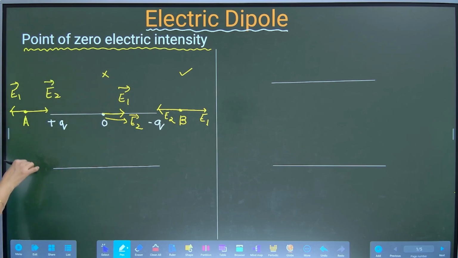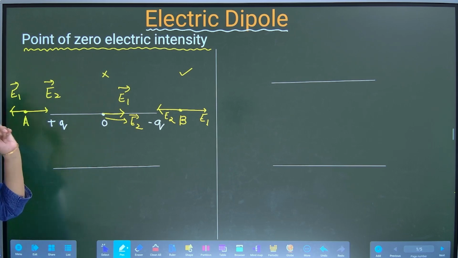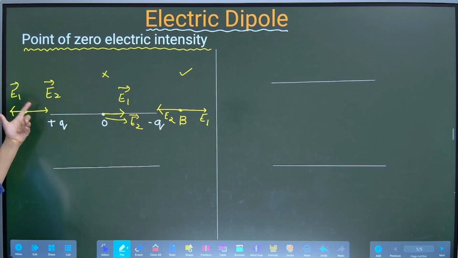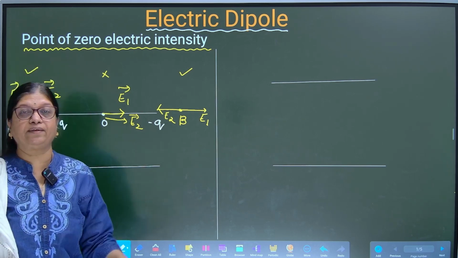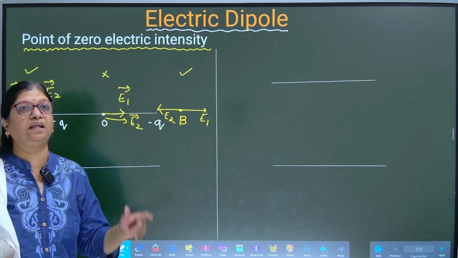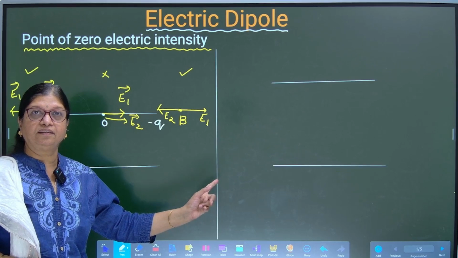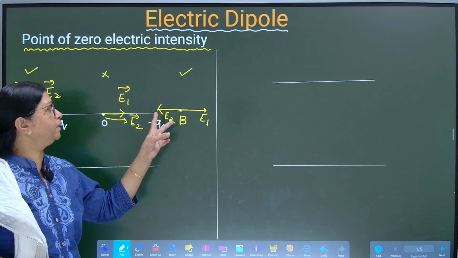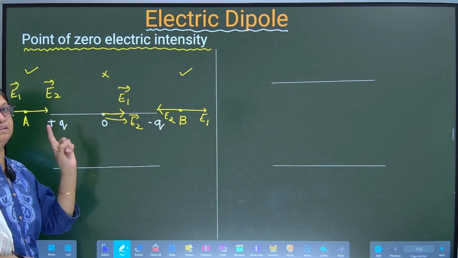So do I have a possibility of getting a zero electric field here? Yes. Why? Because E1 and E2 are opposite to each other at this point. So I can get a zero electric field intensity at point A and at point B, provided the magnitudes of E1 and E2 are the same, because the directions are opposite. Between these two charges, I will not get it.